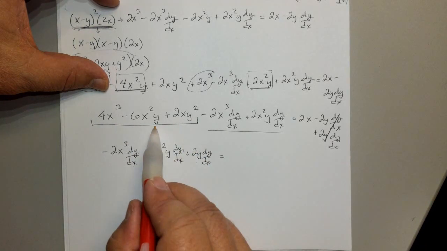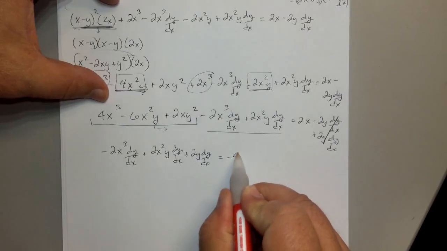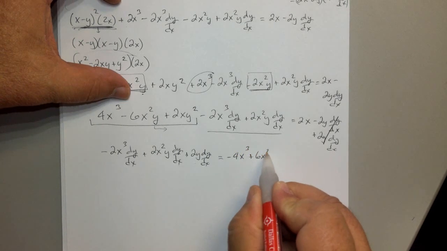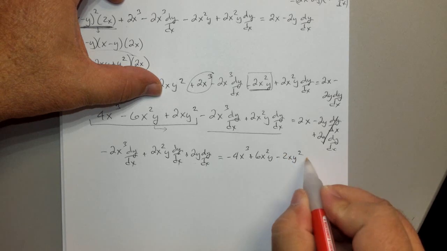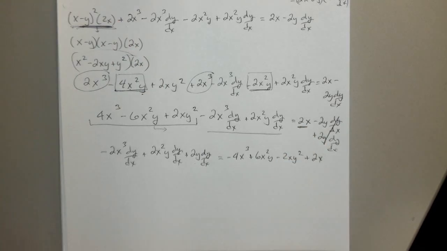All of this has to go to the other side. Minus 4x cubed plus 6x squared y minus 2xy squared plus the 2x.